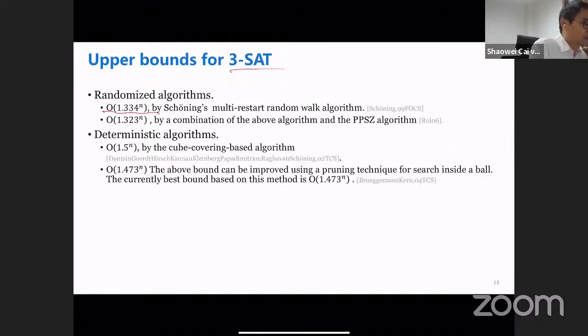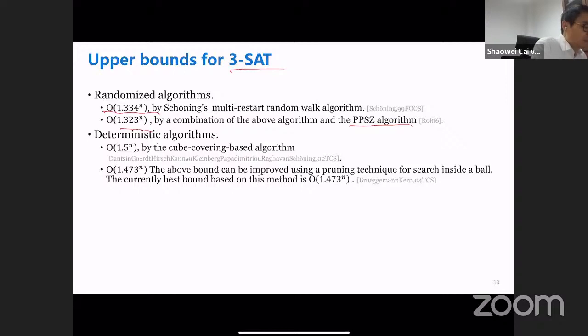And this one is found by Schöning with a local search with a random walk algorithm. And also it can be combined with the PPSZ algorithm, which is a famous algorithm in the theoretical line of SAT. And these two results are the state of the art in solving 3-SAT upper bounds.